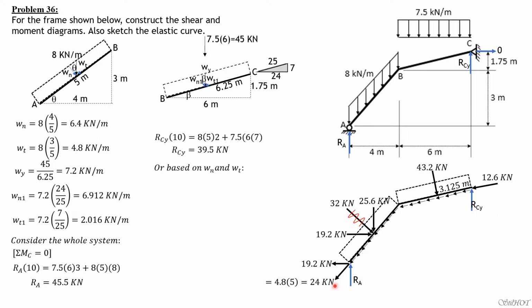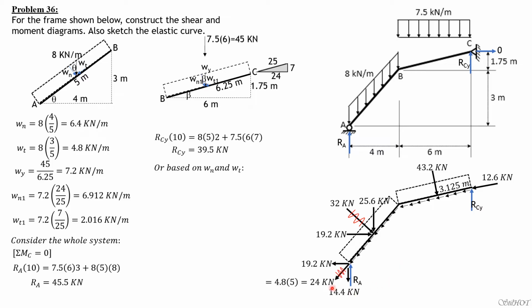So 19.2 is 24 times cosine of theta. 24 times 4 over 5 is 19.2, while the vertical component of 24 is 24 times sine of theta, 3 over 5. So 24 times 3 over 5 is 14.4 downward.